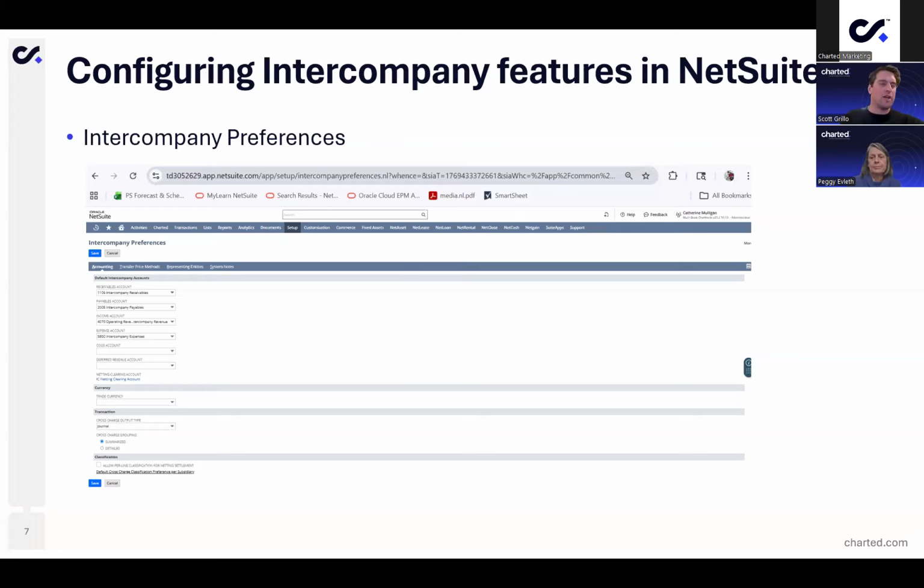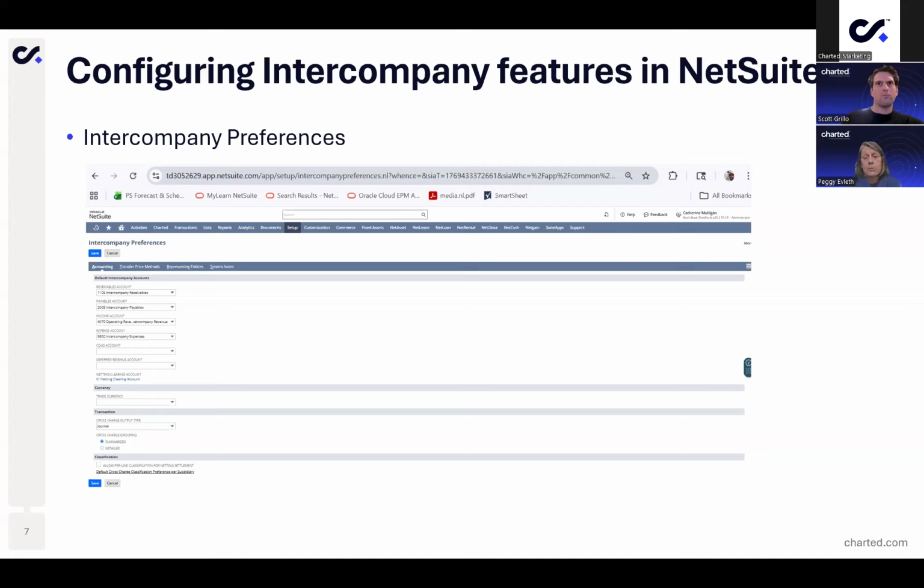But the question in the chat is, why is it so important to set up intercompany AR and AP accounts as AR and AP account types in NetSuite? Because first, it tracks these transactions individually as opposed to just tracking the balance. So when you settle your intercompany transactions, you are actually settling individual transactions.